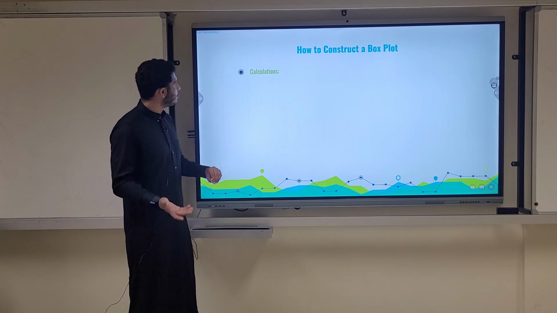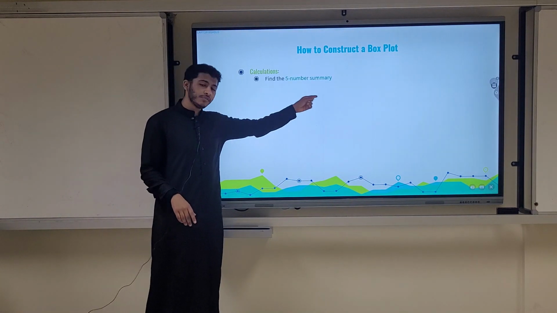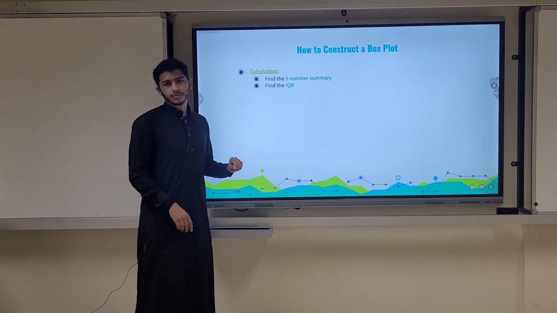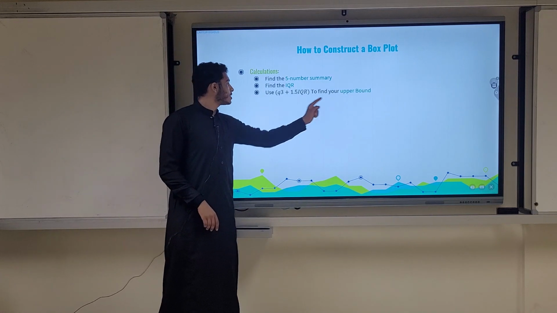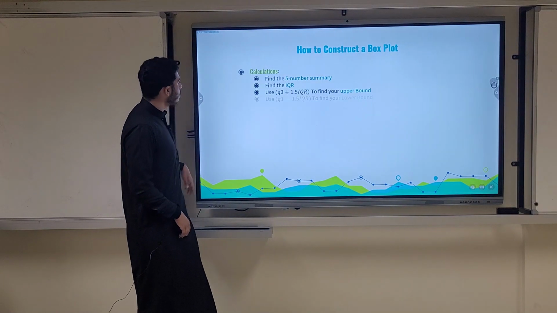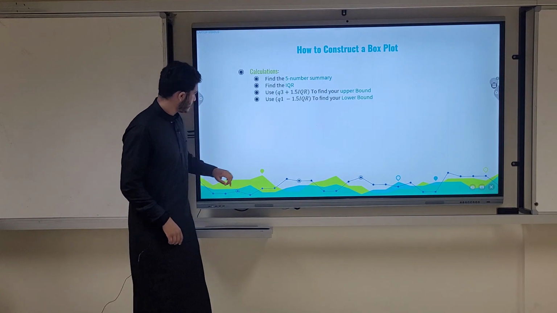In the first stage, the calculations, the first thing we have to find is the 5 number summary, and then we have to find the interquartile range, and then we have to find our upper bound by using this formula here, and we also have to find our lower bound by using this formula here.